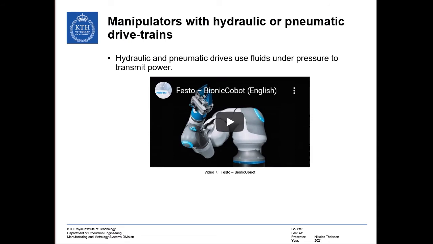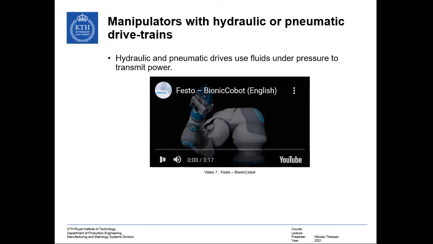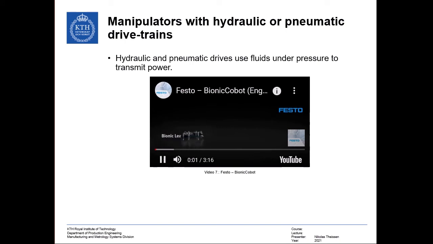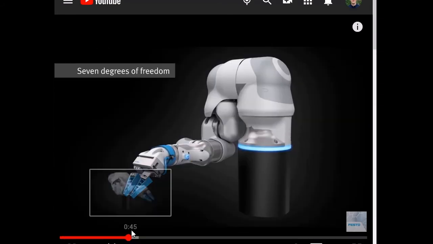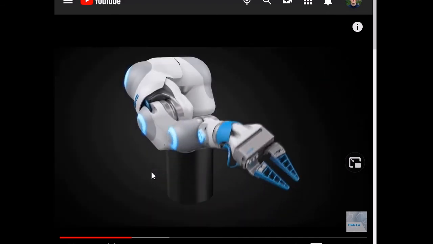As aforementioned, most industrial manipulators feature mechanical drivetrains. Nevertheless, you will also find manipulators that have hydraulic or pneumatic drivetrains, such as the Festo Bionic Cobot.